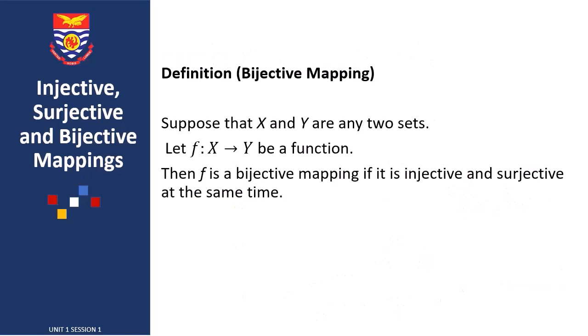Great. Bijective mapping. Suppose that x and y are two sets where f mapping from x to y is a function. Then f is a bijective mapping when it is injective and surjective. Once it's injective and surjective, then you can say it's bijective, bi meaning two.